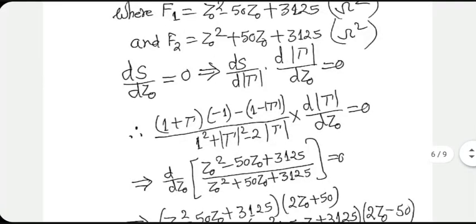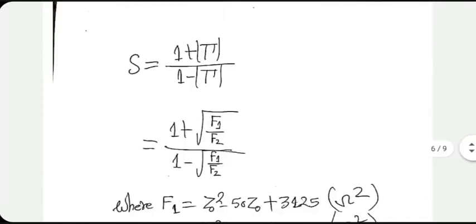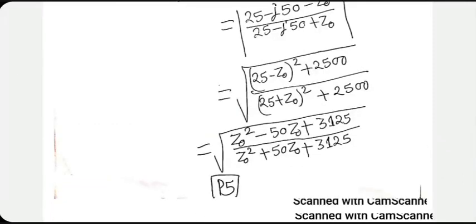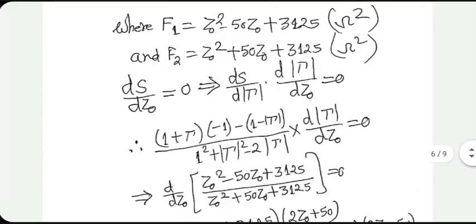And magnitude of tau is actually the square root of something, right? So there also you can take the differential coefficient: it will be half this entire thing to the power minus 3 by 2, and then d/dZ0 of this entire function. That part can also be ignored because that will never be 0.